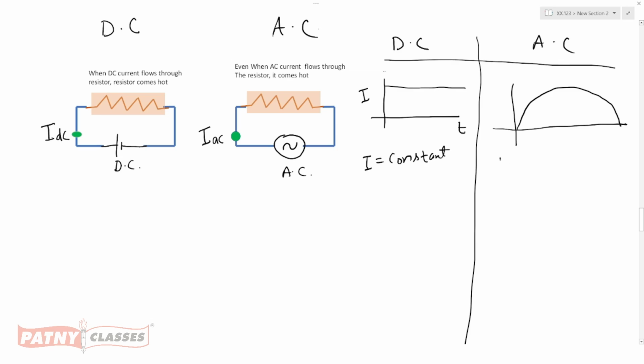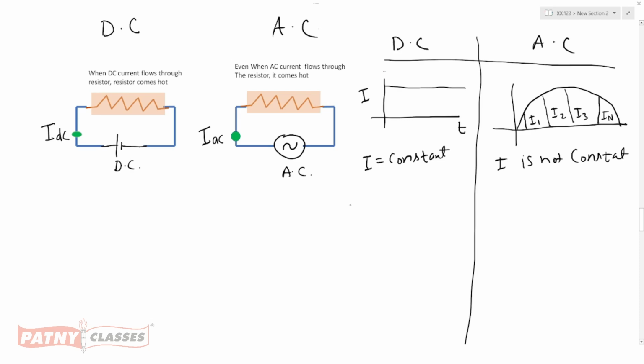For AC, I is not constant. It changes with time. Like this is the first current I1, another current I2, another current I3, and so on up to IN. So in AC, every time the magnitude of current is changing, but in DC, the current always remains constant.